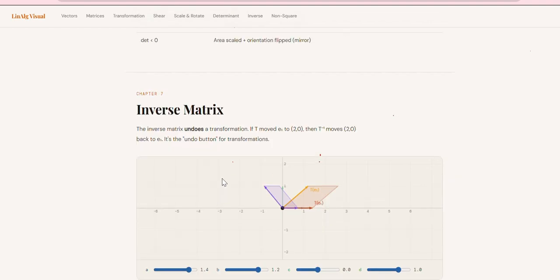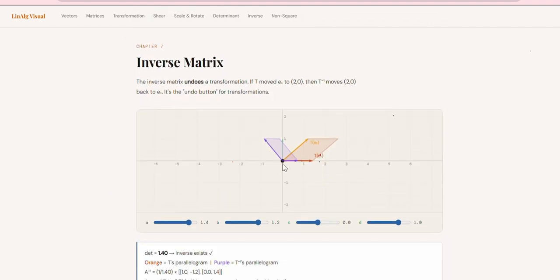Okay, so this is the inverse. You can see the purple area is the position of the actual vector, and this red area is the position of your changed vector. So when we want to decrypt the data that was encrypted, we need to have the inverse.